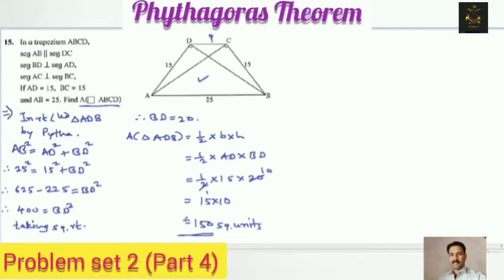But we'll find the same area of the triangle using AB as the base. And we'll draw one perpendicular here, because to find the area of the trapezium, we need height. Okay friends, so we'll draw one perpendicular just here, and which is obviously the height.